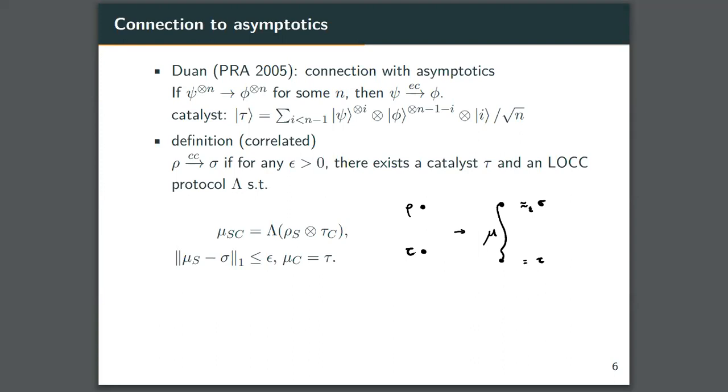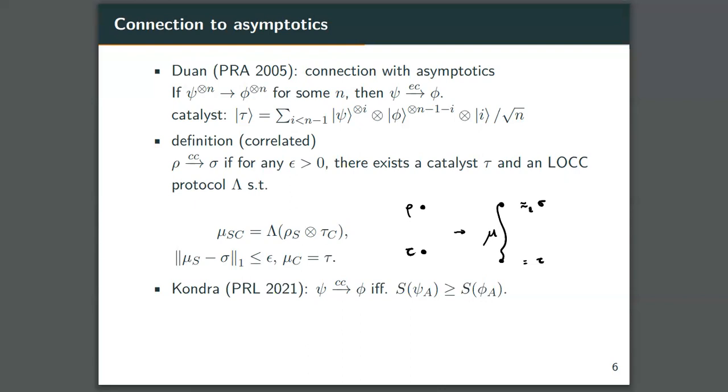Right. So if you accept this definition of correlative catalysis, there's actually a really nice and simple connection with asymptotics. Alex and other people in the group, in 2001, showed that two pure bipartite entanglement states can be converted by correlative catalysis if and only if they can be converted asymptotically.